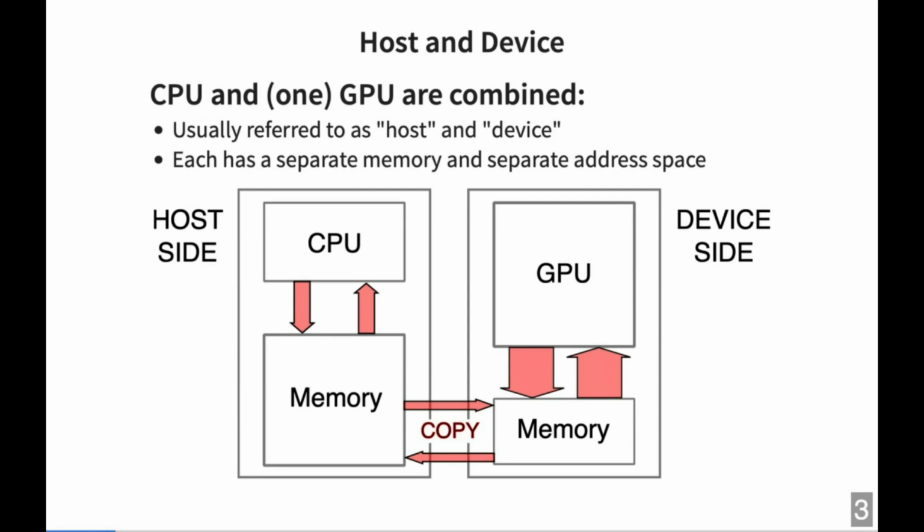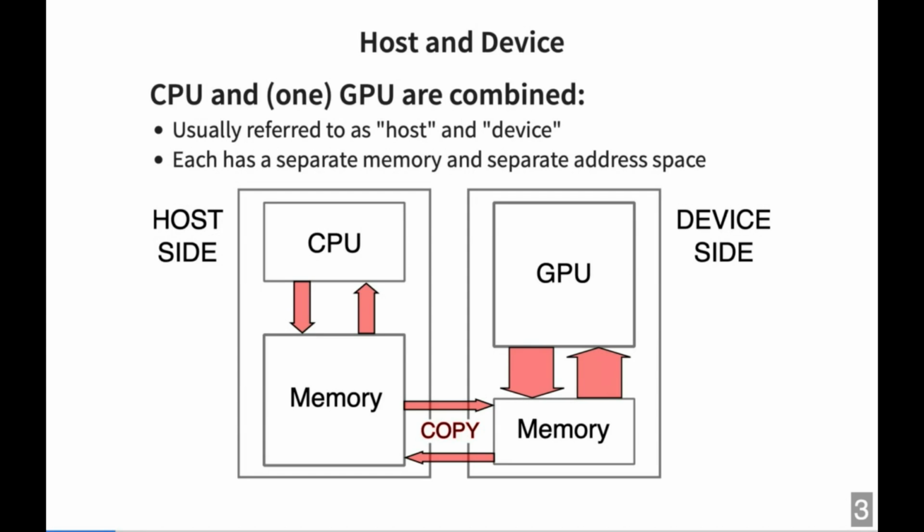So historically, one of the most important things one has to think about in GPU computing is that the CPU, the host, and the GPU, the device, have separate memory and separate memory address spaces.